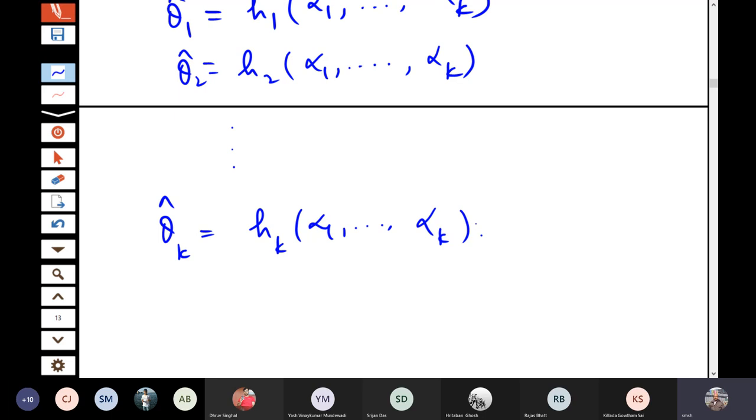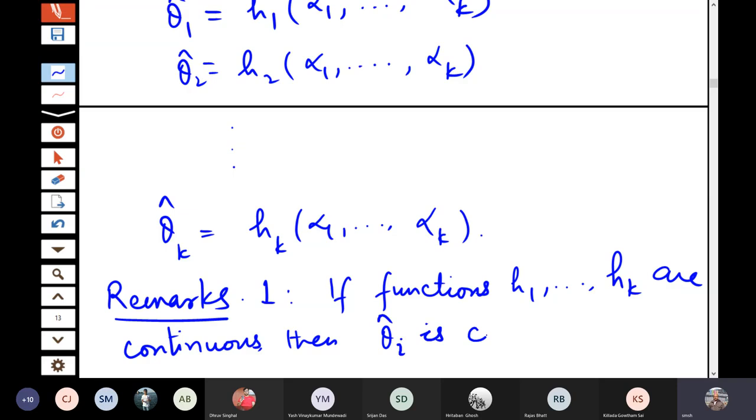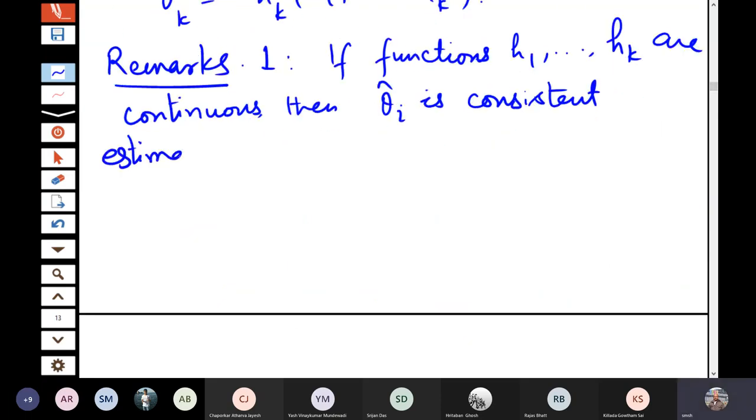First thing is that if these inverse functions h1, h2, hk are continuous functions, then theta i hat is a consistent estimator of theta i, i is equal to 1 to k.